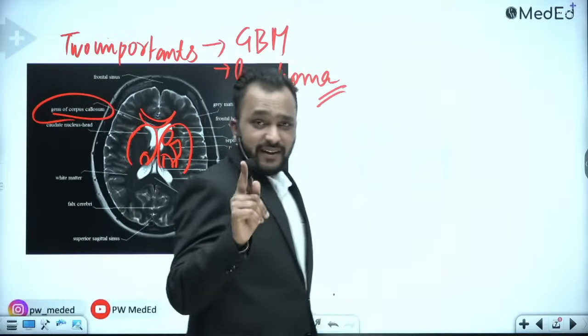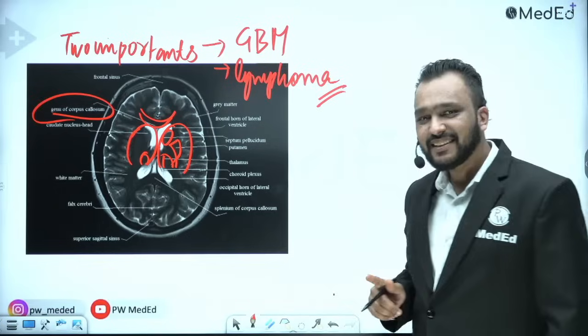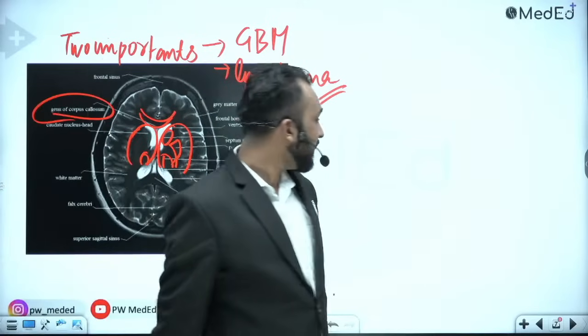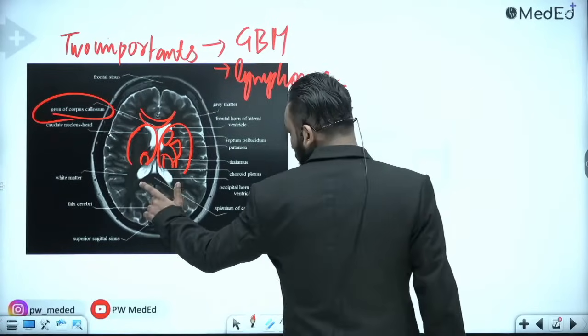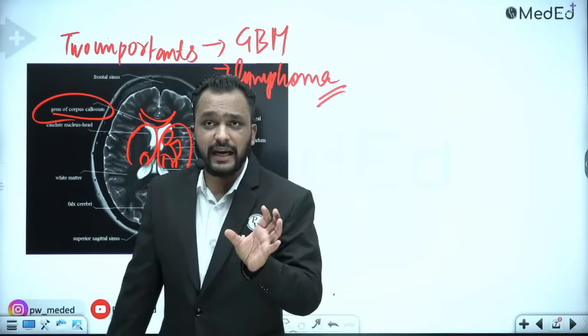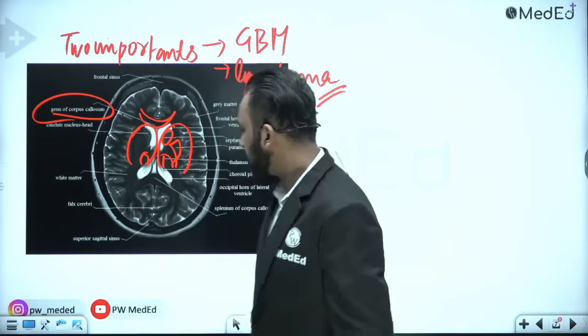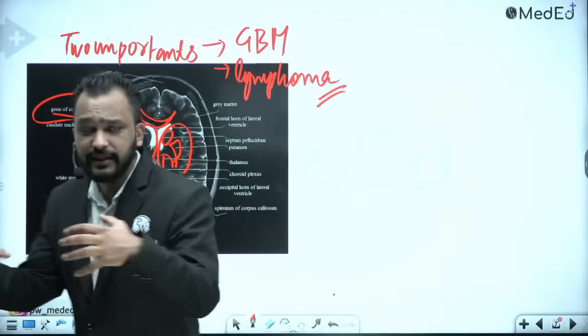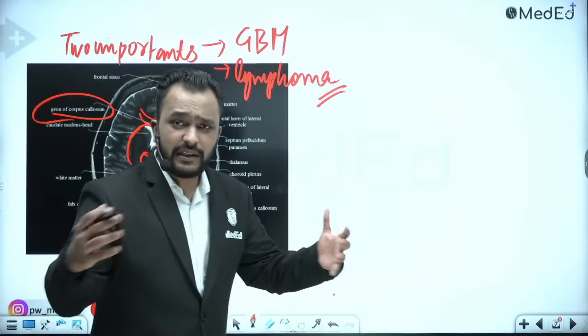So can you name one condition in which corpus callosum will be absent? In that condition, this hypointense structure connecting the two cerebral hemispheres will be absent.